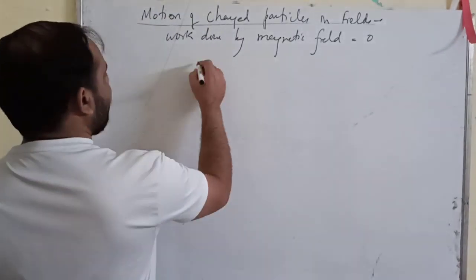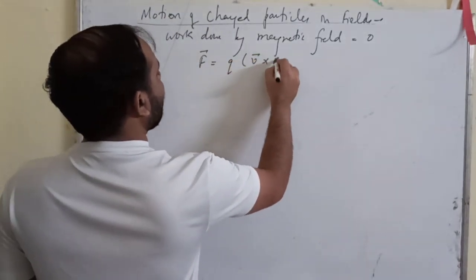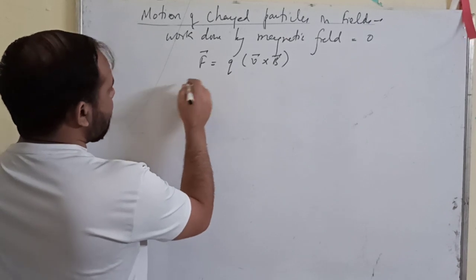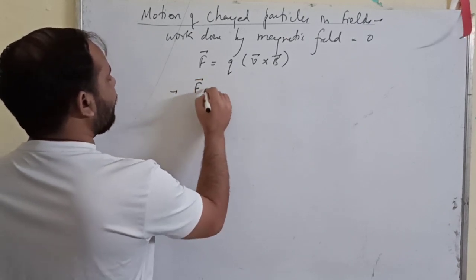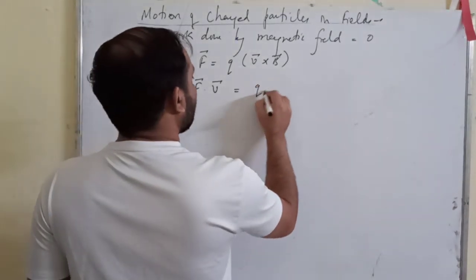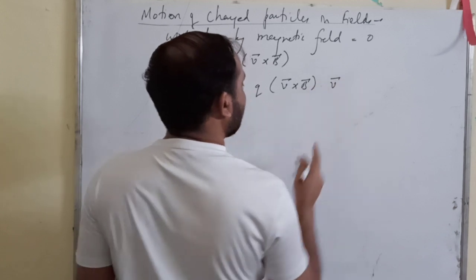We have F vector equals Q times V vector cross B vector. This is our magnetic Lorentz force. Now F vector dot V vector will be Q times V vector cross B vector dot V vector.